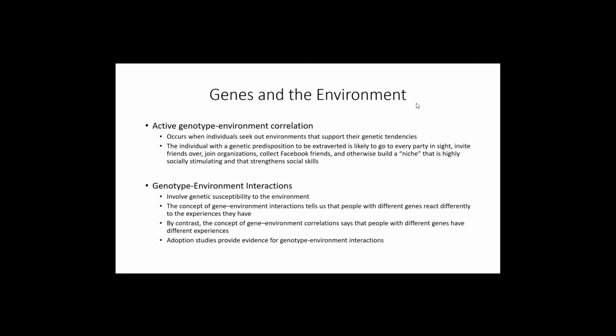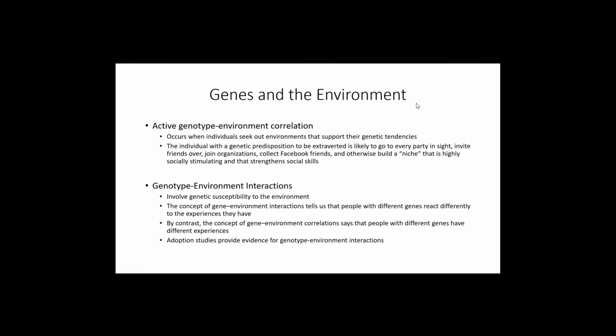So the idea here is that the concept of gene-environment interaction tells us that if I have a genetic predisposition towards depression, and I grow up in an environment that's very tough, whatever, I grew up in poverty, I grew up with a lot of family violence, something along those lines, I am going to react to that poverty, that family violence, differently than someone who does not have that genetic predisposition for depression.